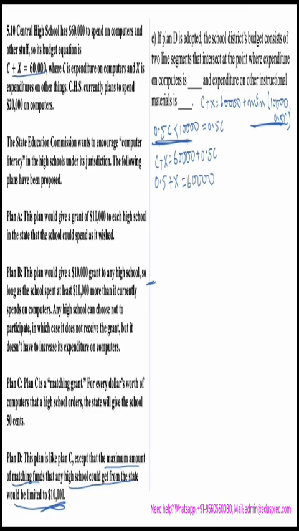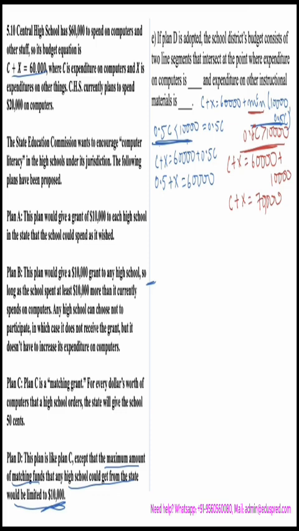You have another scenario where 0.5 C is more than 10,000. Then in this scenario, your budget line becomes C plus X is equal to 60,000 plus the minimum of the two, which is 10,000. So your budget line now turns out to be C plus X is equal to 70,000. So these are the two scenarios you have.